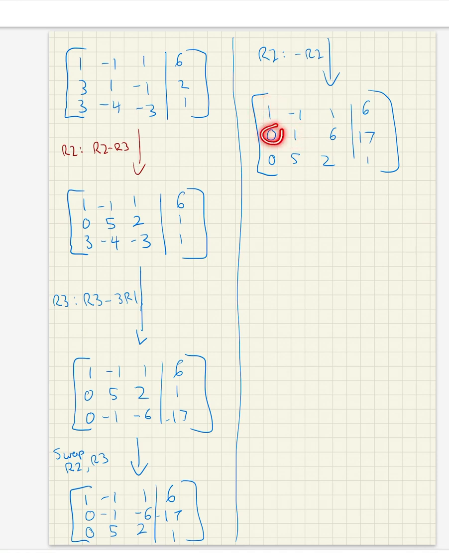I want 1s across there and I want to try and get 0s along here. So my next target is to get that to a 0. And so the way I'm going to do that is I'm going to take R3 and I'm going to subtract 5 lots of R2.